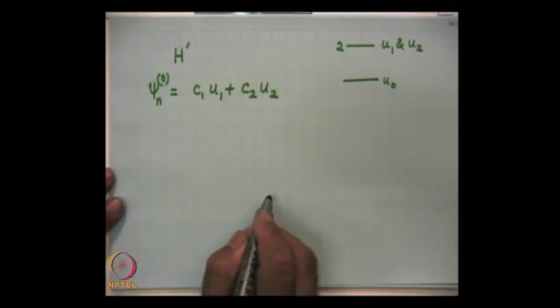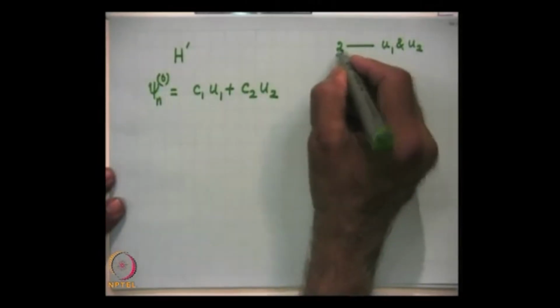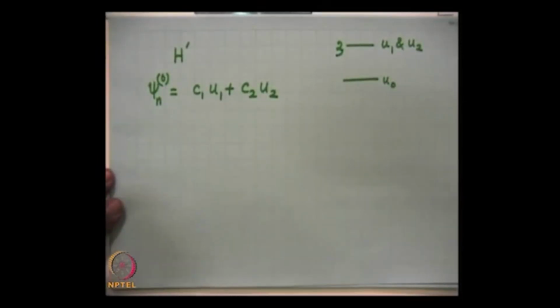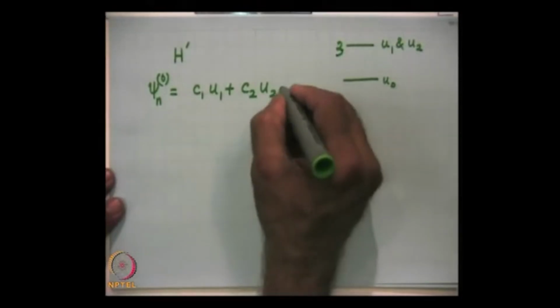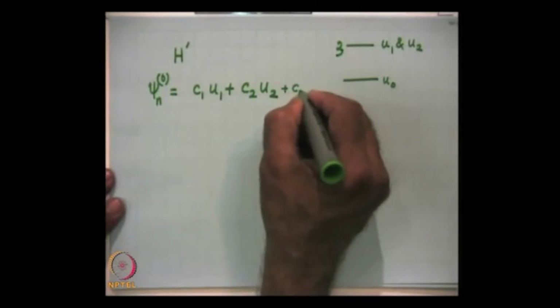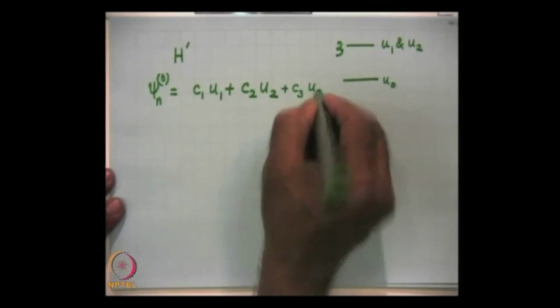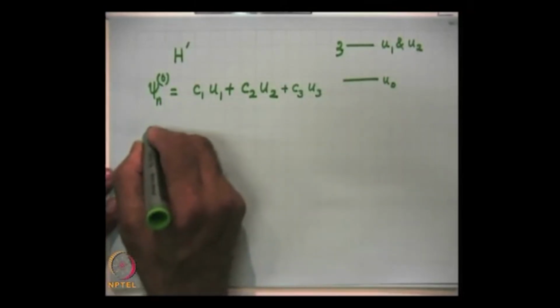In general, let us suppose it is a three-fold degenerate state, or a four-fold. If it is three-fold degenerate, then I must write down C3 u3, and we will have a set of three equations.